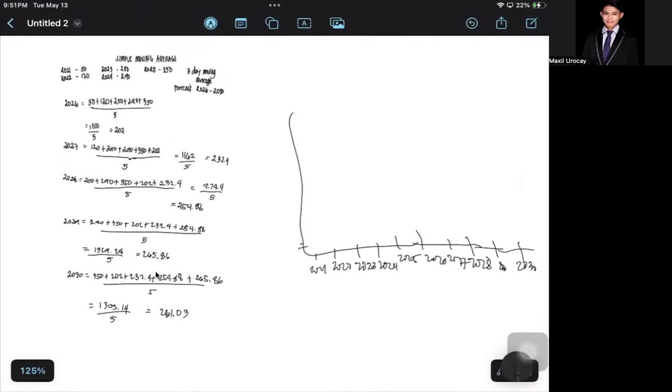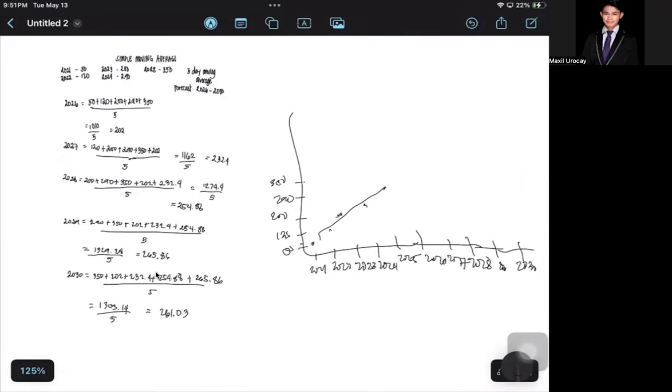So 50, then 120, then 200, then 290, then 350. So it is linear. Those are the data set that you have.